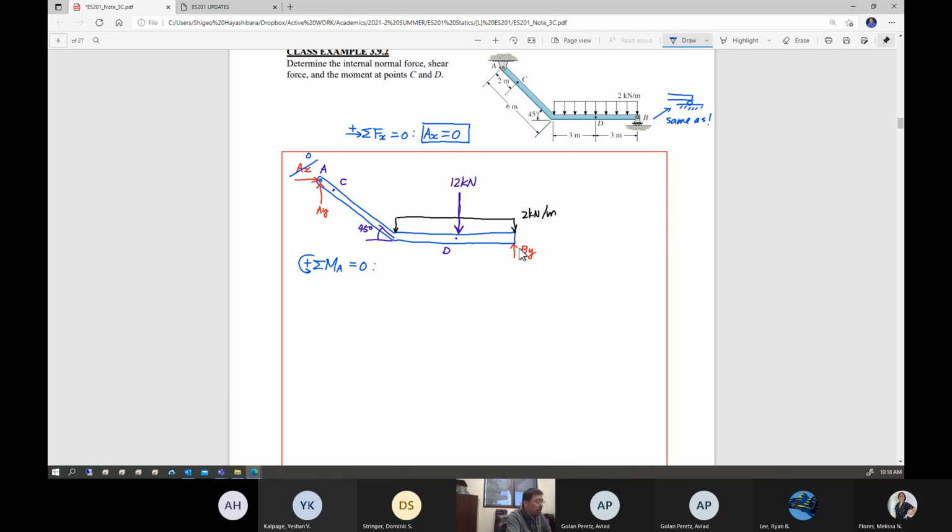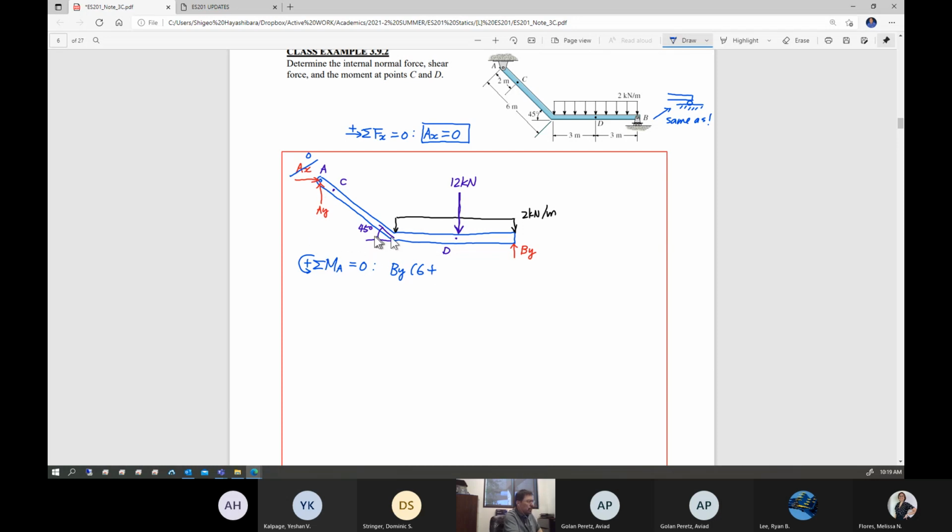This is going to create By with a distance measured from here to here. What is that distance? Well, anyways, By creates positive moment. So By times distance from here to here is 6 meter, plus distance from here to here.